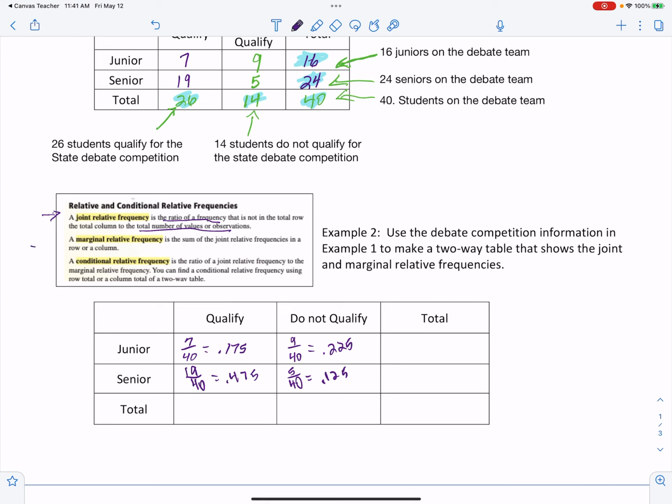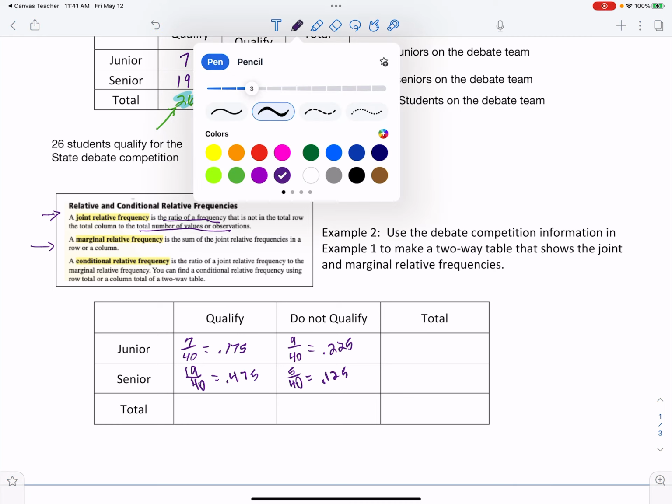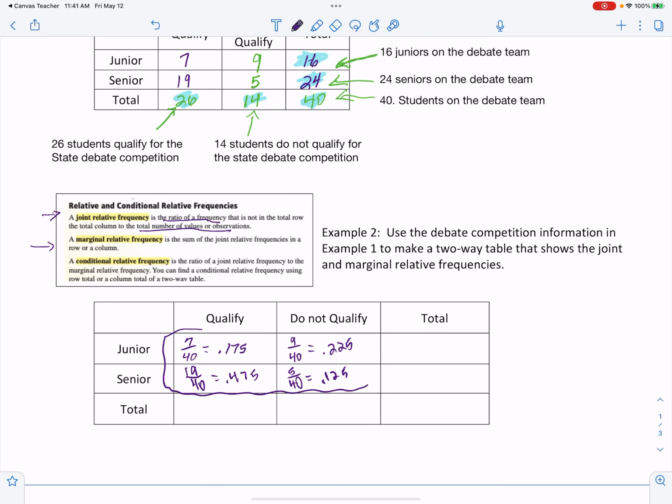But then we have the marginal relative frequencies, and that's when you add up the joint. So think of these as in the center, so outside of them are the margins. So for the marginal relative frequencies, we add the 0.175 and the 0.225, and we get 0.400.